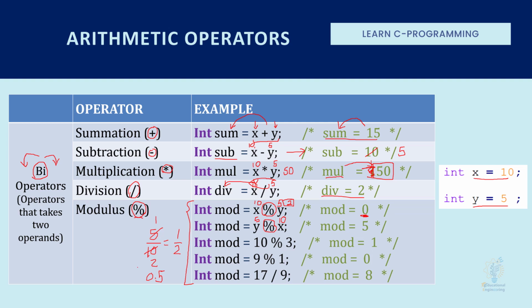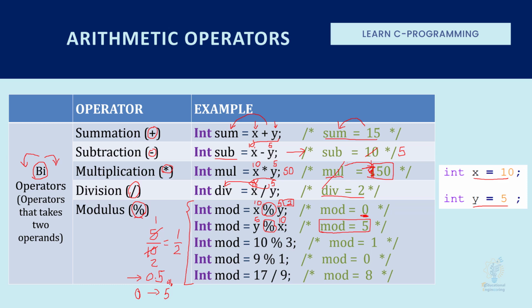So in this case, the final result will be 0, and the remainder of this will be 5. So the division value will be 0, and the remainder value will be 5. That's why you see the result here as it is here. As you can see, mod equals 5.